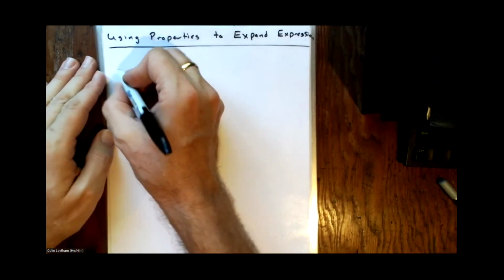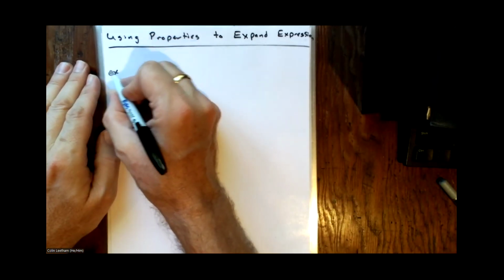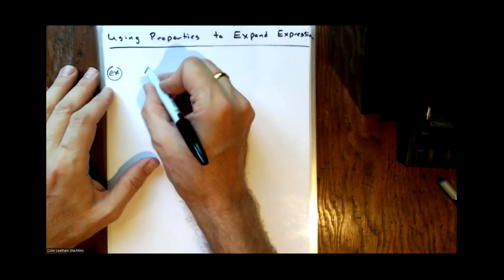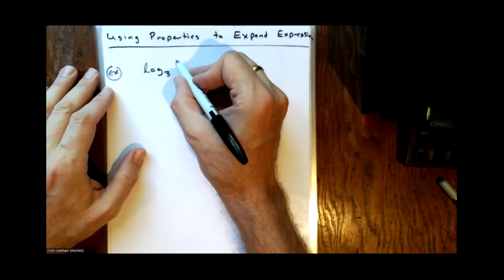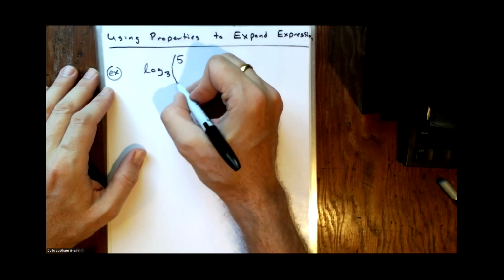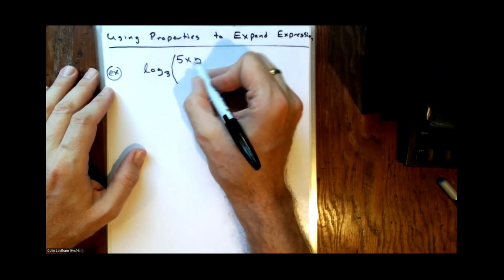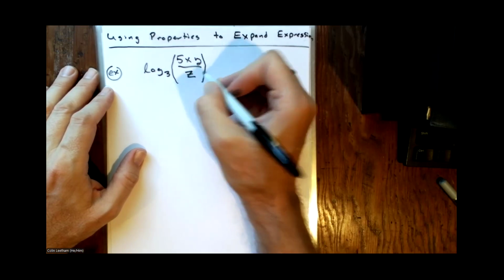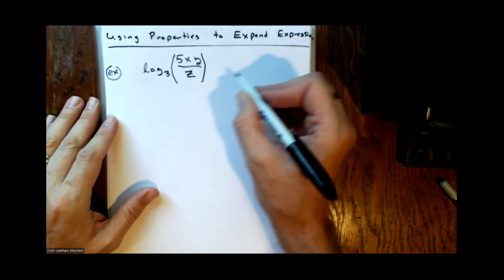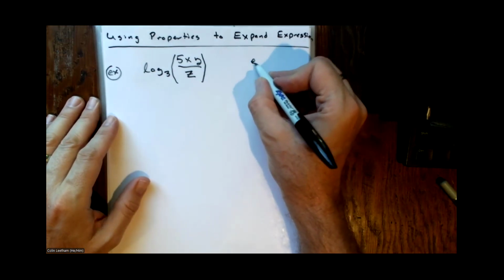So my first example here is this. Say I've got something like log base 3 of 5xy all over z. Well, I want to expand this expression.